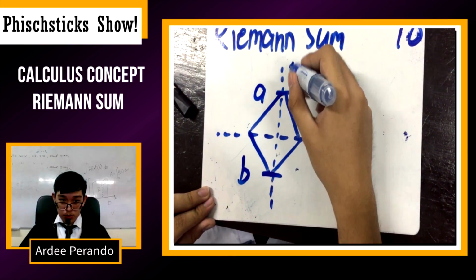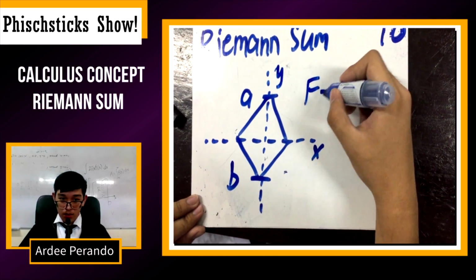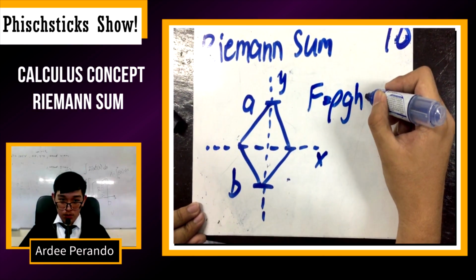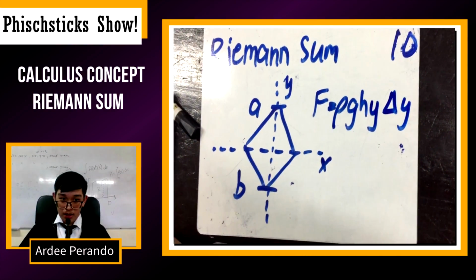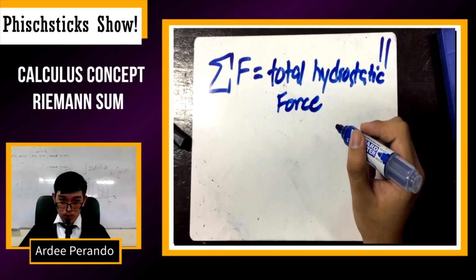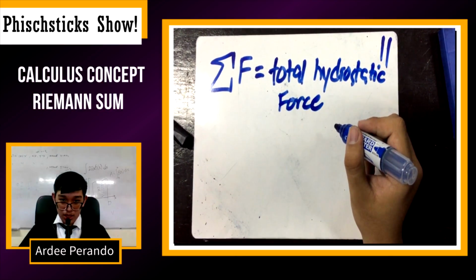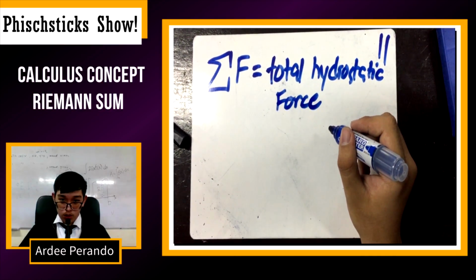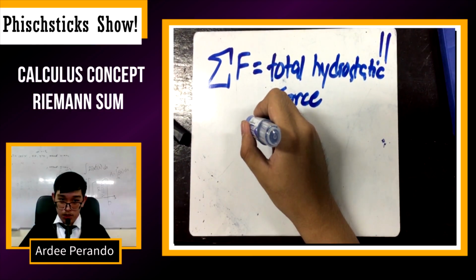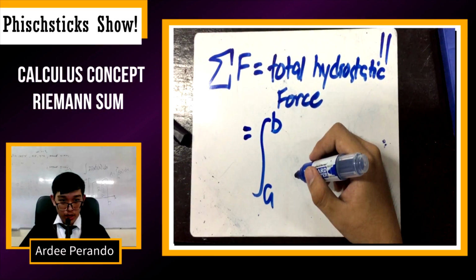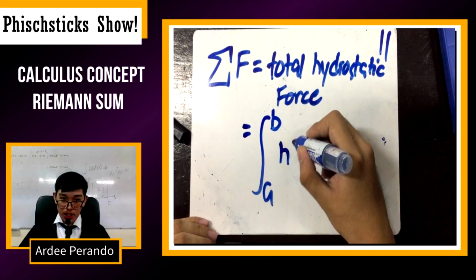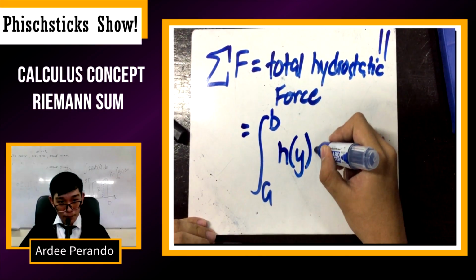The force on a small portion of the plate is given by ρ g h of y times w of y times delta y. All of these forces will equate to the total hydrostatic force given by ρ g times the integral from a to b of the product of the height and width as a function of y, with the infinitesimal changes in y as dy.